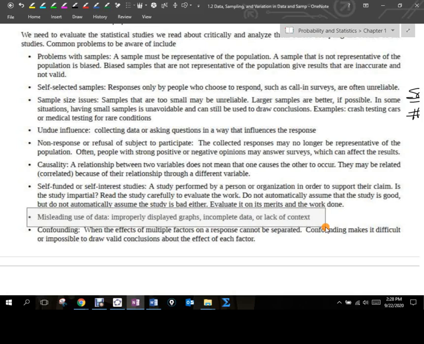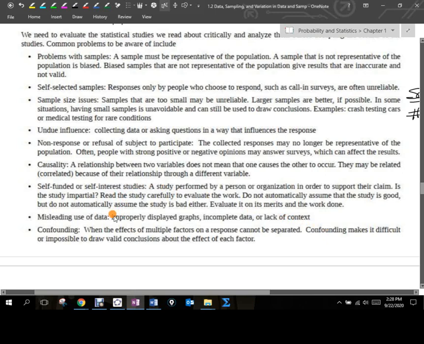If you read the newspaper, you see that kind of stuff all the time. Sometimes it was improperly displayed without intent, but you might also see people intentionally mislead with the data and the graphs. Those are things we need to pay attention to when working within statistics.